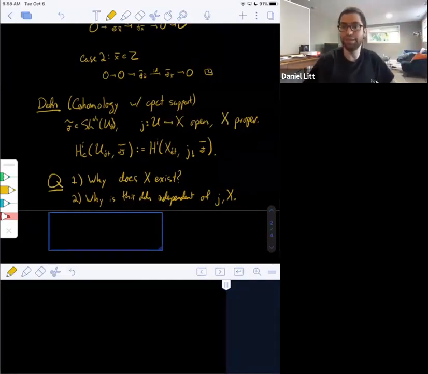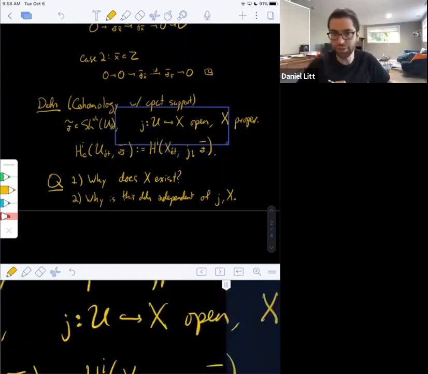So that's a chain complex. And if you take the cohomology of the global sections of that chain complex, you get something called compactly supported de Rham cohomology. Okay, so what's the idea of this compactification? Well, suppose you have an open manifold and a compactly supported form on it. If you embed it in any other manifold and extend by zero, you get a compactly supported form.